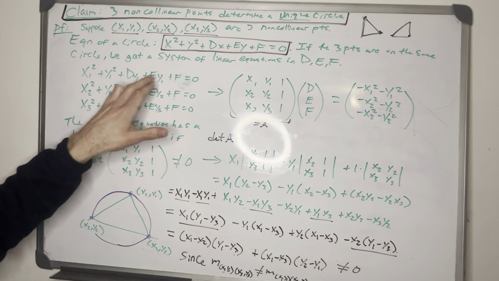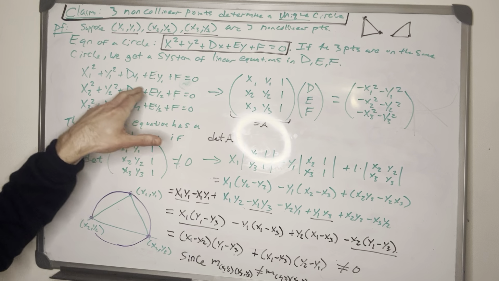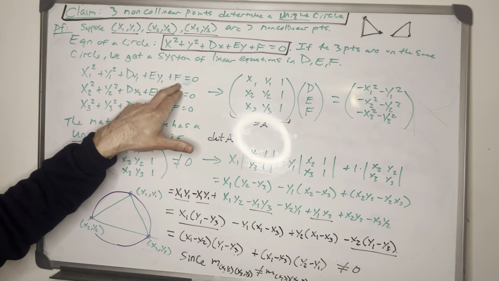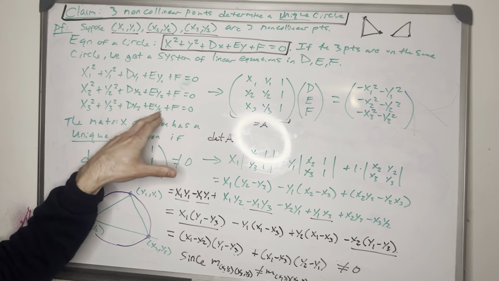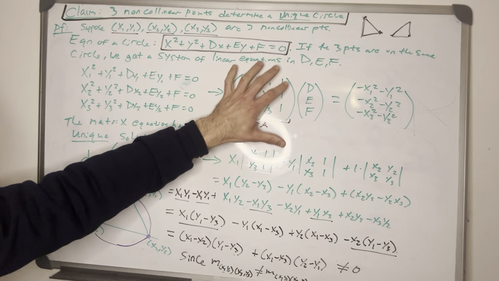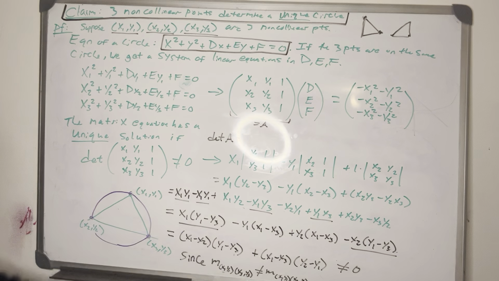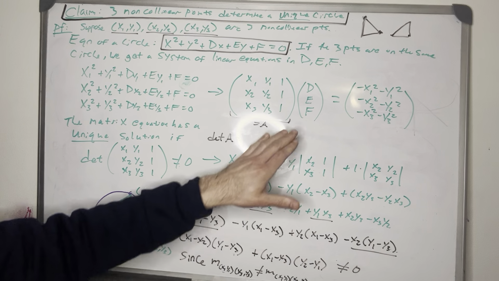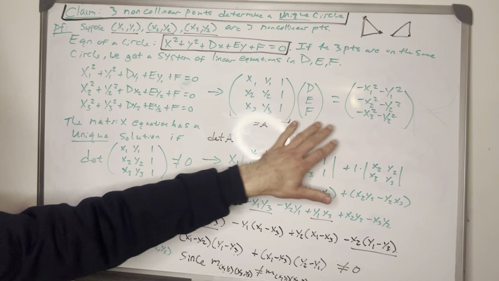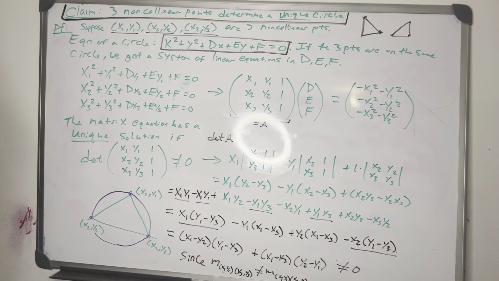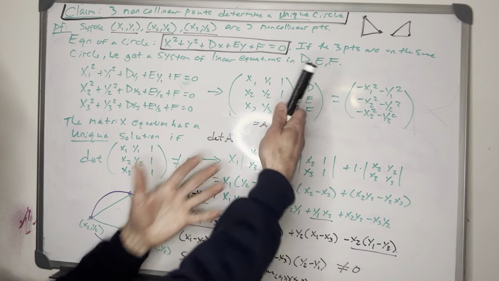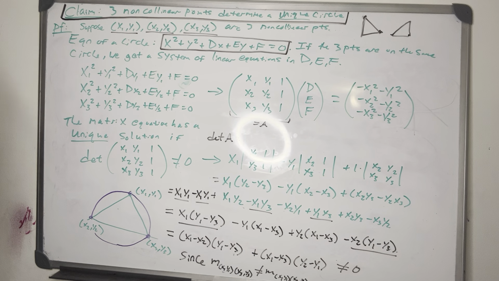And then the coefficient matrix is x1, y1, 1; x2, y2, 1; x3, y3, 1. That's the coefficient matrix, and you've got d, e, and f right there. If we can solve this, if we can find a d, e, and f that works, then we get our unique solution, our unique circle that passes through those points.